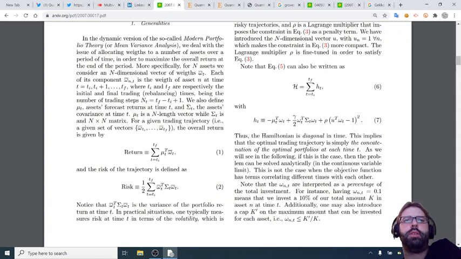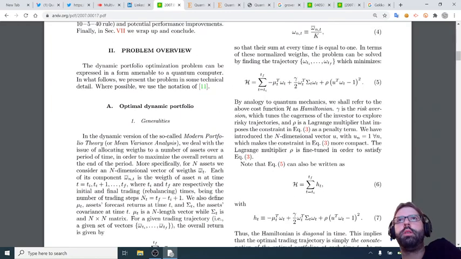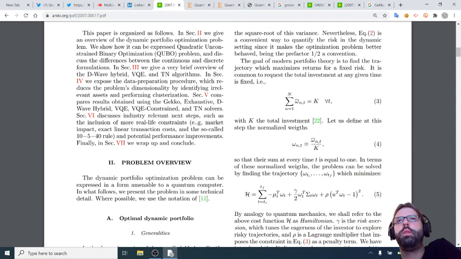Notice that this is the variance of the portfolio return at time t. In practical situations, one typically measures the risk at time t in terms of the volatility.